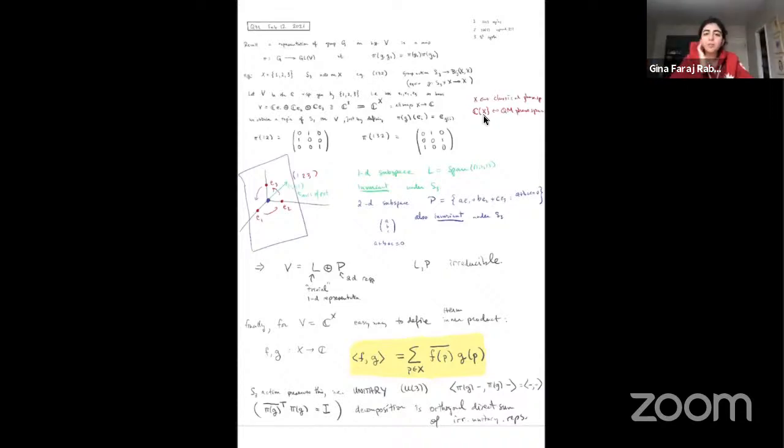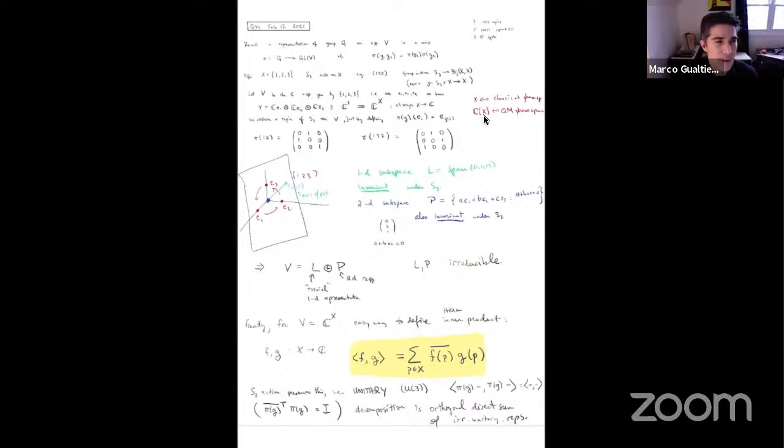I'm guessing representations aren't always matrices, right? Well, the representation is a linear operator. So you can choose a basis and make it into a matrix if you wish.